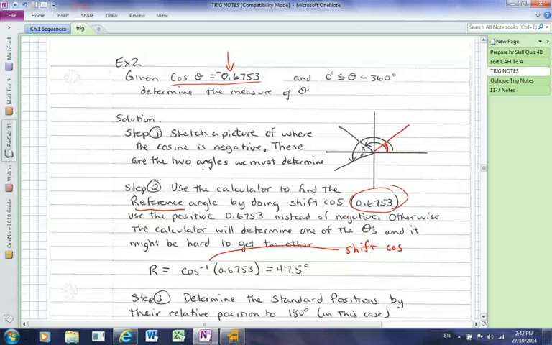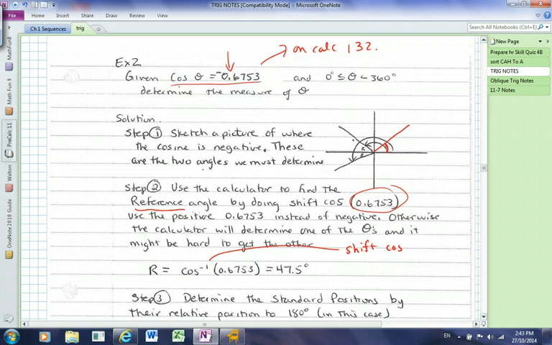Okay. And now I'd like everybody to do the shift cos of negative. We're going to solve that one there. Do the shift cos of negative. Let's see what you get. So if you do this one on the calculator, what do you get? 132? About 132 point some.